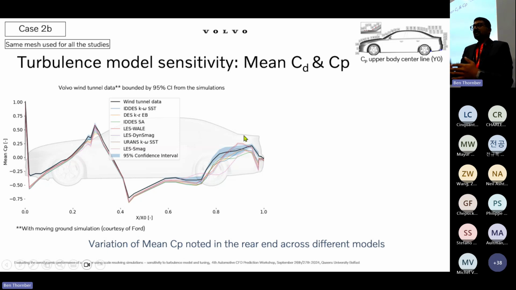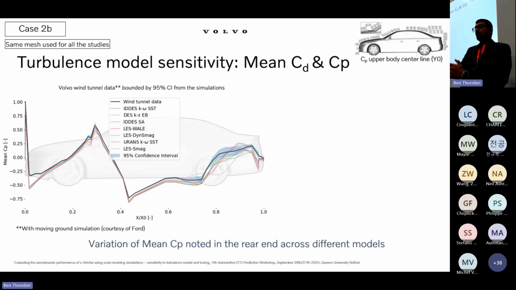So there seems to be quite a bit of variability in what we predict in the rear. That can be due to a multitude of factors, the type of mesh we're using, the type of models. Something to also consider here is that, to be consistent, we used exactly the same mesh for all of these models. We did not change the mesh.